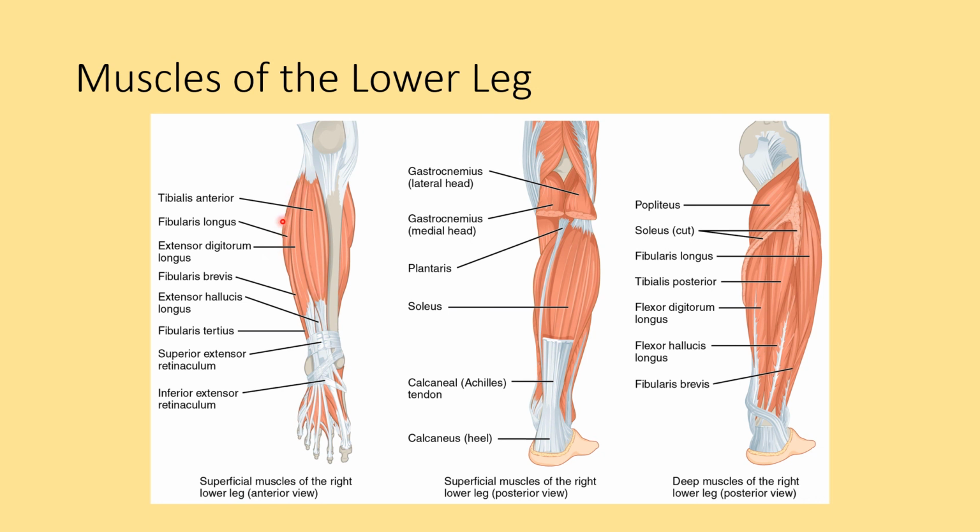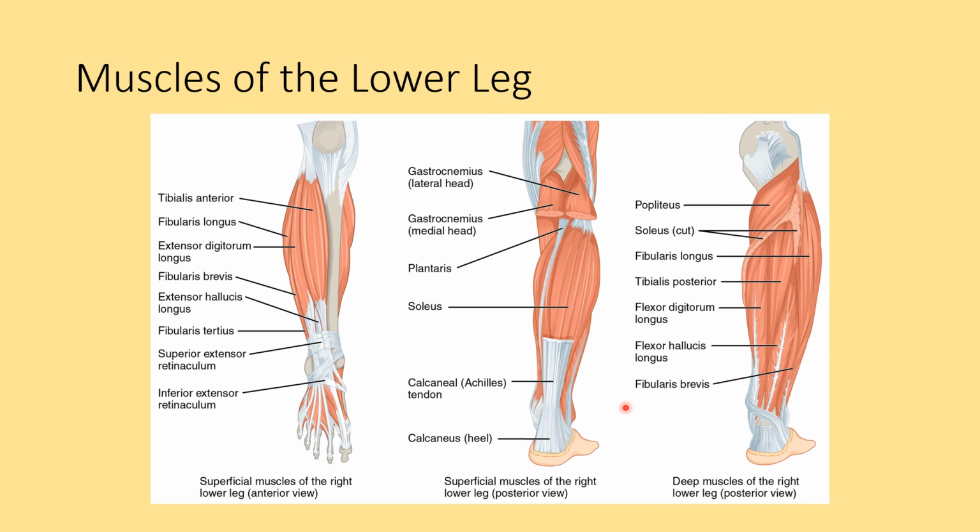So here's your fibularis longus, and your extensor digitorum longus right here between these two. So it's in the middle. So you usually find the tibialis anterior. It's one of the major muscles from an anterior viewpoint.